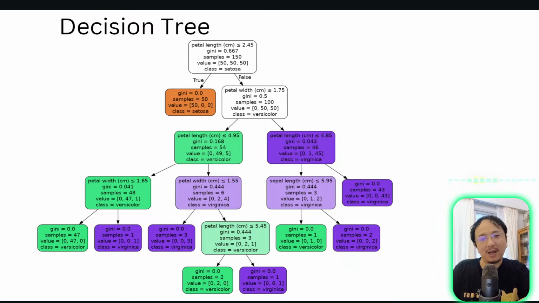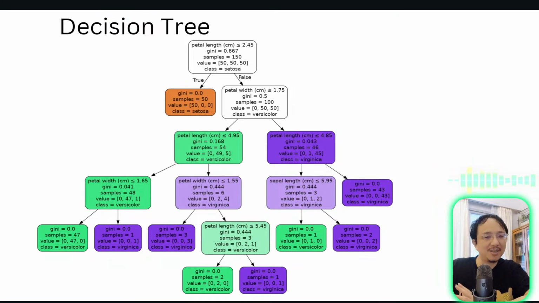So for example, let me give an analogy. Like Fermat's last theorem. We know that Fermat's last theorem was solved in the 1990s. But for the general public, the proof is too difficult to understand.